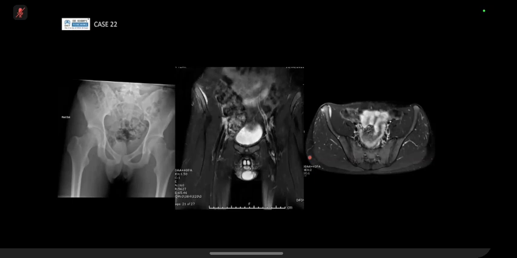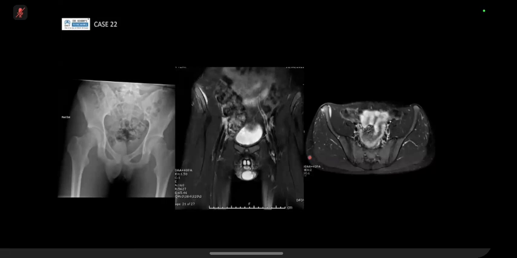On the pelvic X-ray, I can see at the right iliac bone there is periosteal reaction. There's a small fragment. It might be an avulsion fracture. And the MRI shows there's bone marrow edema and soft tissue edema with cortical disruption at the right anterior superior iliac spine.